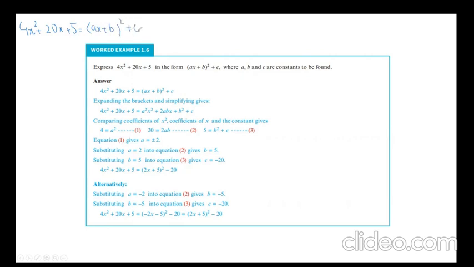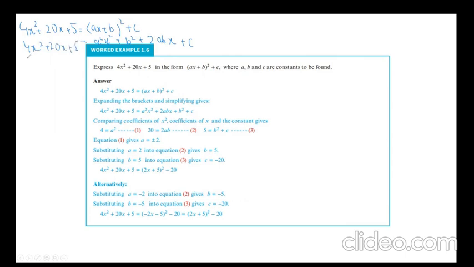Now expanding this, this must be equal to a square x square plus b square plus 2abx plus c, that is 4x square plus 20x plus 5.